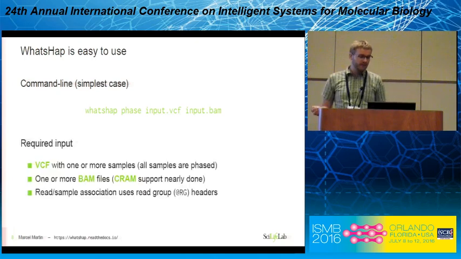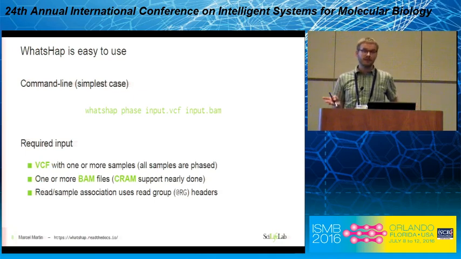So the required input is therefore just a VCF, and you can have one sample in there, you can have multiple samples in there. Required is furthermore a BAM file, and you can also give it multiple BAM files if it so happens that your read data is distributed among multiple BAM files. And we are actually working on CRAM support, and that is nearly done and will be integrated in the near future.